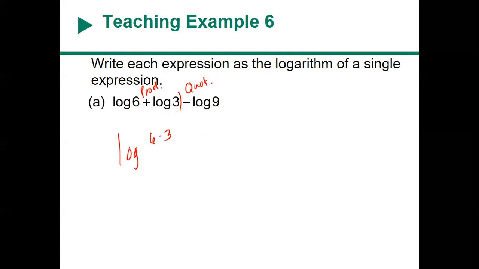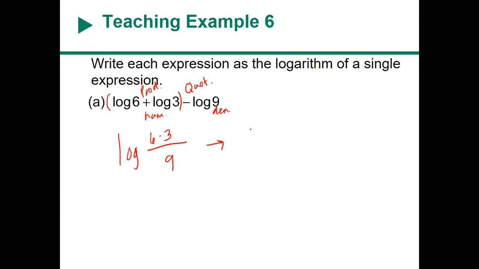And they're to the left of the subtraction, so that is my numerator. And then I get to the quotient, and quotient tells me I'm going to divide, and the value that's in the denominator is 9.